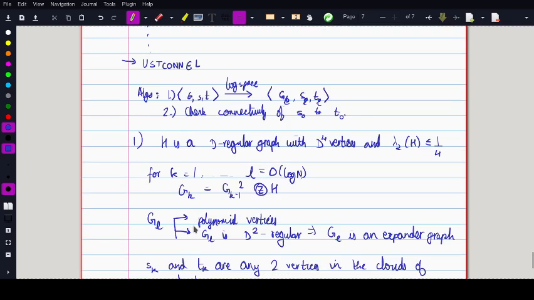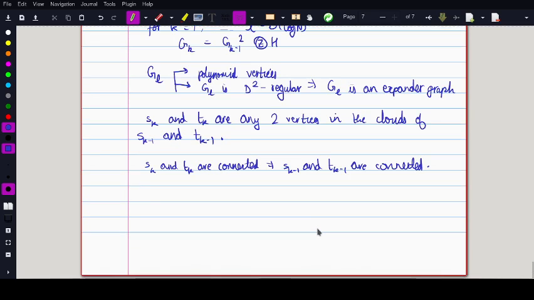This can be done in logarithmic space, and checking connectivity can also be done in log space. So this shows that undirected ST connectivity is in L.